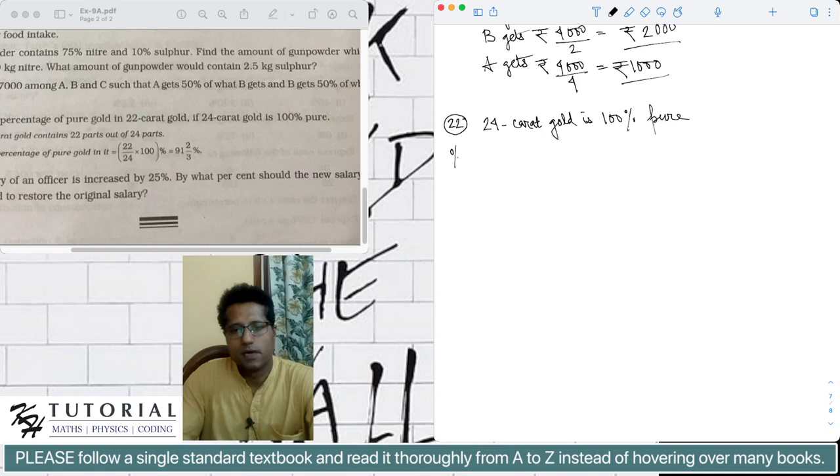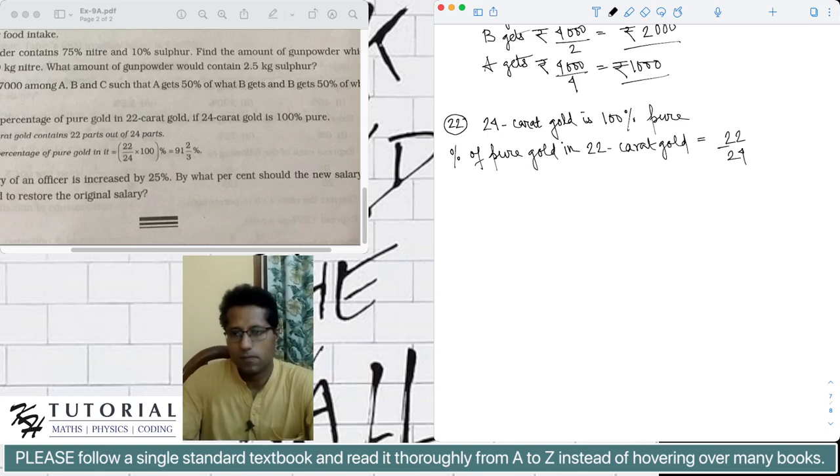So I think the percentage of pure gold in 22 karat gold will be equal to 22 divided by 24 multiplied by 100, this much percentage.